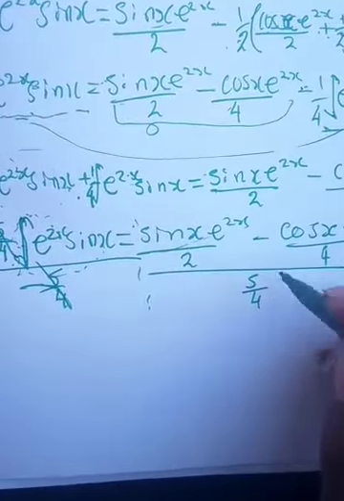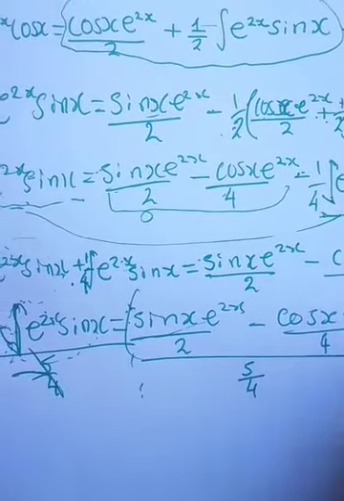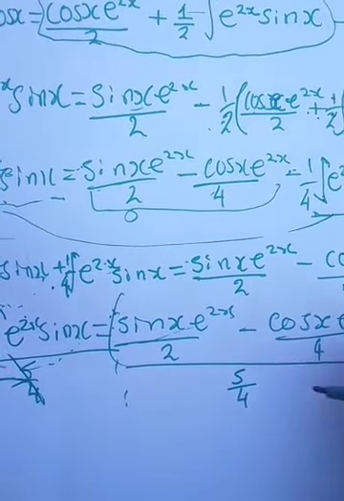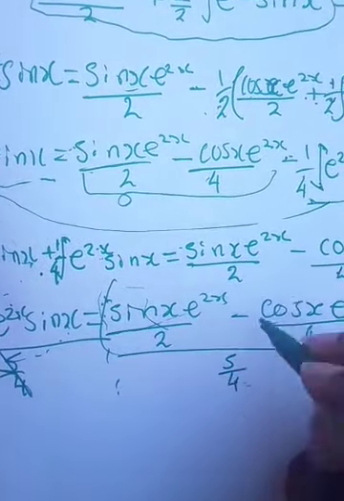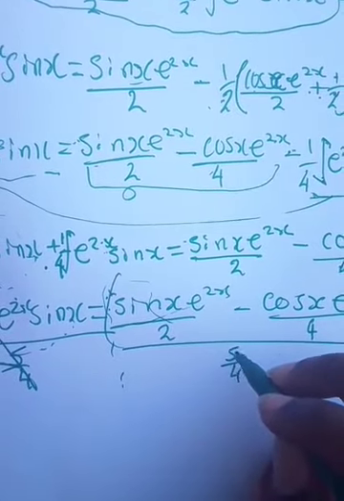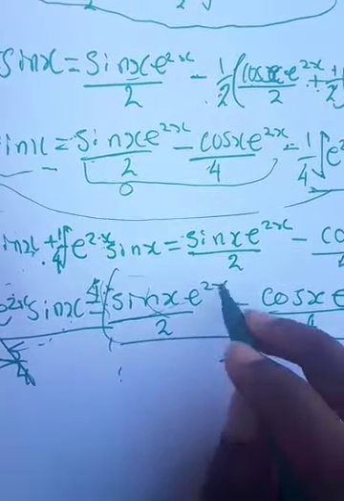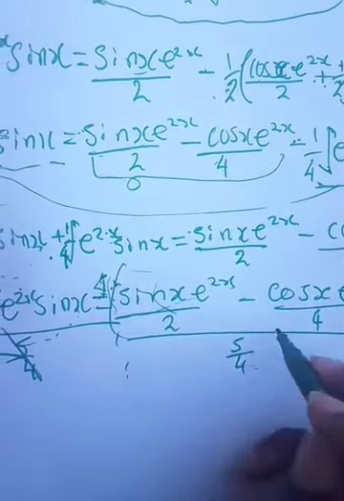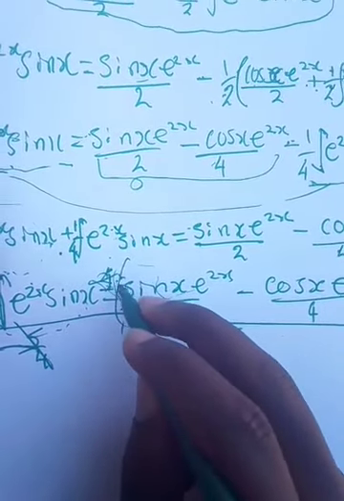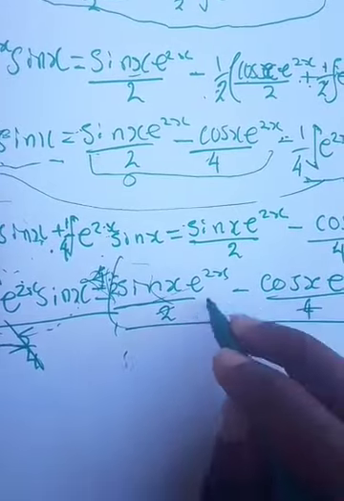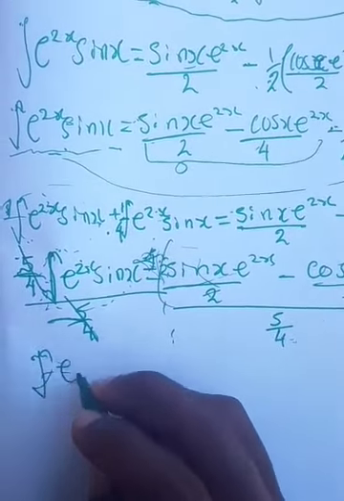Use whichever method you want. You can simply multiply what is on the numerator by 4 and remain with 5. So I'm multiplying 4 times this whole thing over 5. So 4 times this one, they're going to cancel. Here I remain with 2, so 2 is going to be in front here. Then this times 4 is just going to cancel out. So my final answer is going to be e^(2x) sin x.